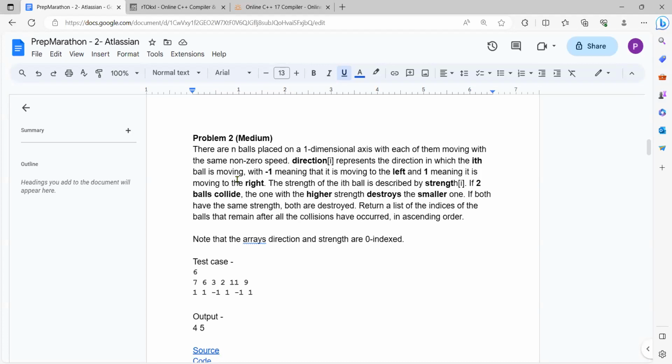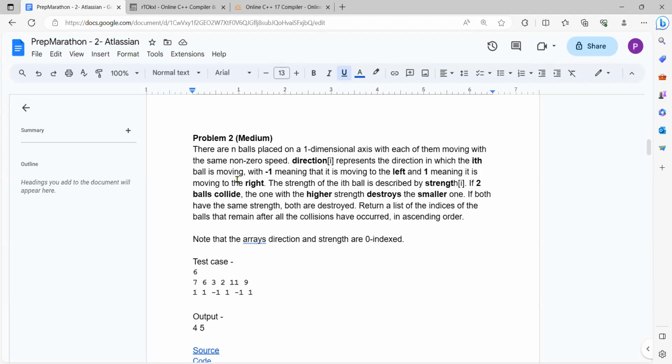If the value of direction i is minus 1, the ball is moving to the left, and if the value is 1, the ball is moving to the right. Very simple.